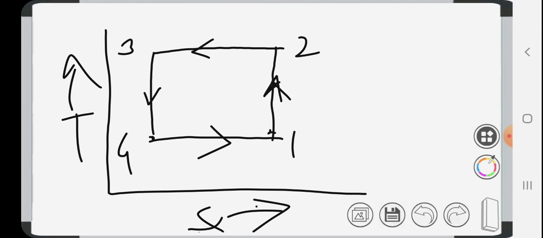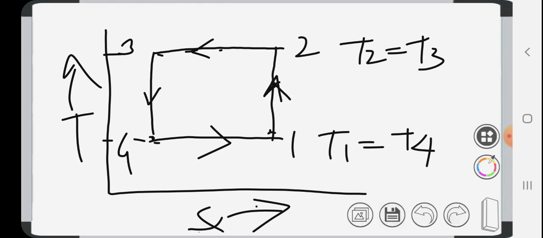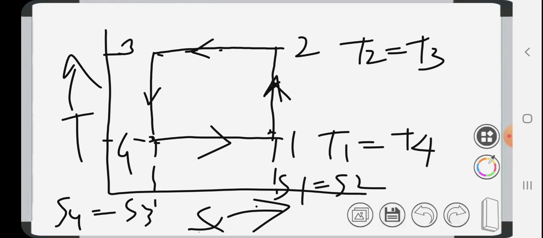From this diagram, you can see this temperature and this temperature: T2 equal to T3, T1 equal to T4. This is S1, this is S3. So S4 equal to S3, S1 equal to S2. So this is the diagram.